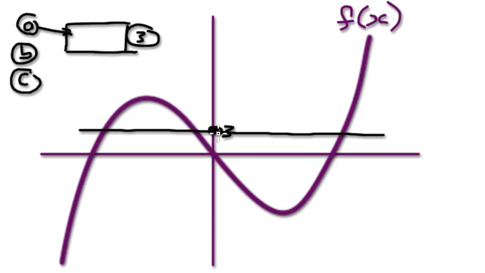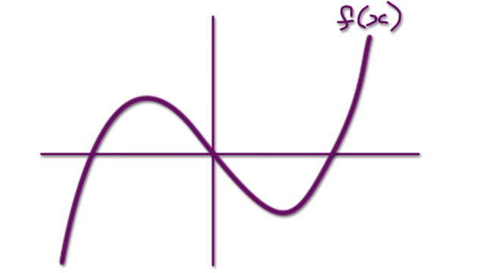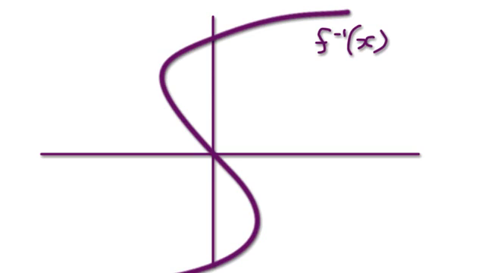So when we look at the inverse, this is our 3 in effect. We're going to put 3 into here and see what happens. Well, anyway, let's look at the inverse first. So our 3, if you like, is going to be somewhere around here.